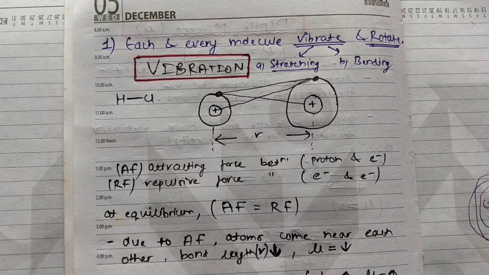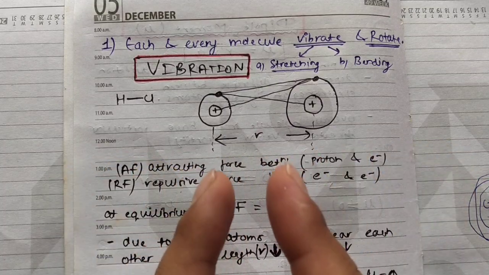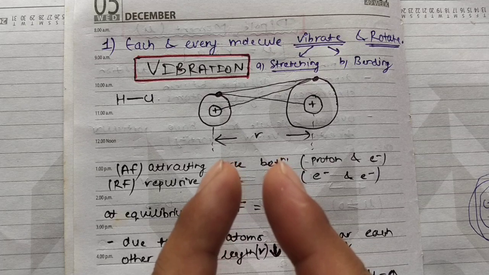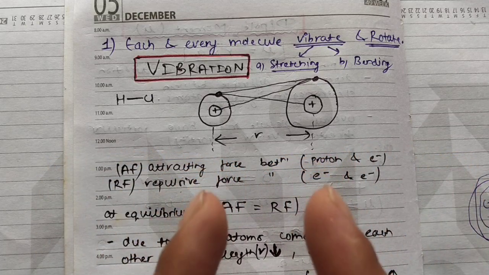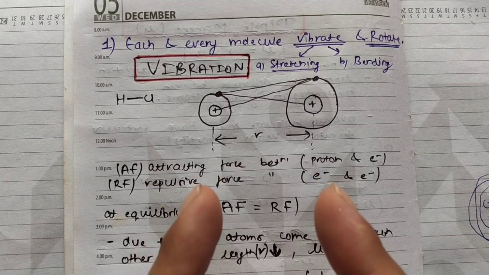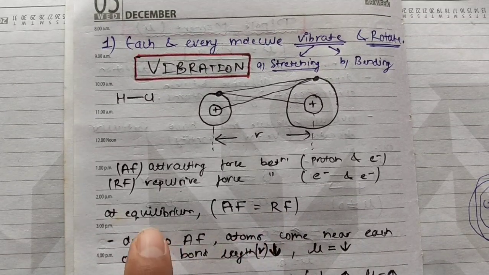See, while stretching and moving apart, there will be some point where the attractive force and the repulsive force are equal. The attractive force and the repulsive force will be equal. This is known as the equilibrium state.